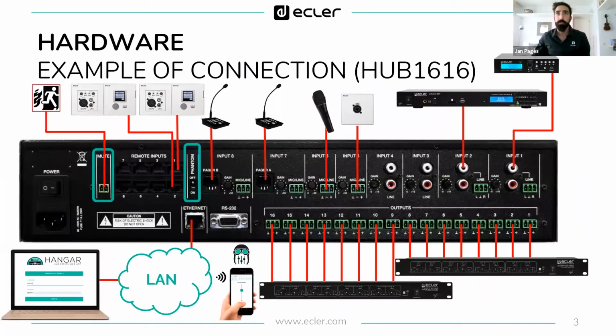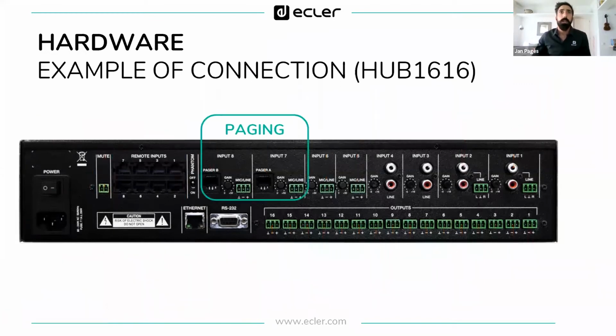This is what we can connect to a hub. We saw this in the presentation of the product, but I just want to highlight a couple of things that are important to later understand where we locate every input and output. Basically, inputs: the paging inputs are input 7 and input 8 in the Hub 1616. In Hub 1408, they are inputs 5 and 6.